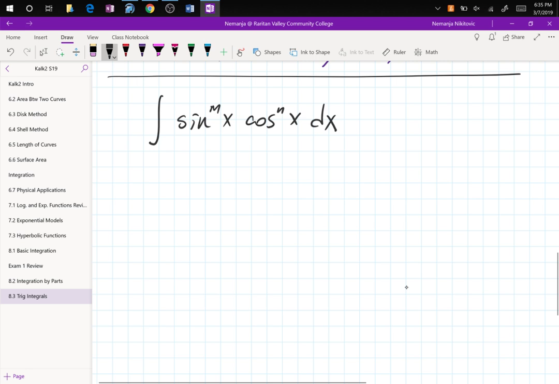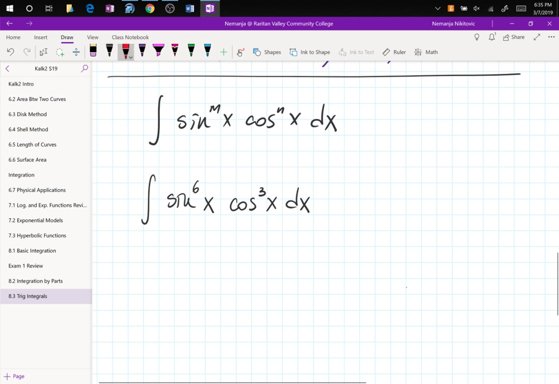So now we are going to have certain patterns that you have to pick up and use. The first problem is going to be sine to the 6x cosine cubed x dx.